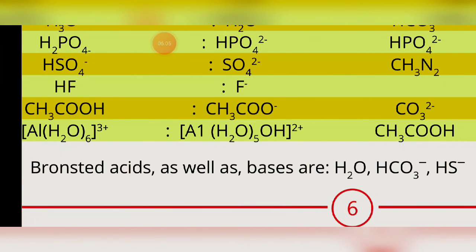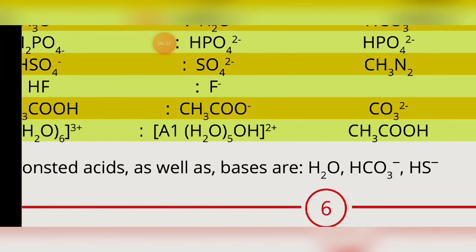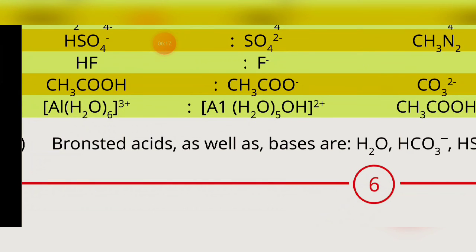Bronsted acids as well as bases are water, carbonic acid, and hydrogen sulfide. These are the compounds: hydrogen carbonate, water and hydrogen sulfide act as acids as well as bases.